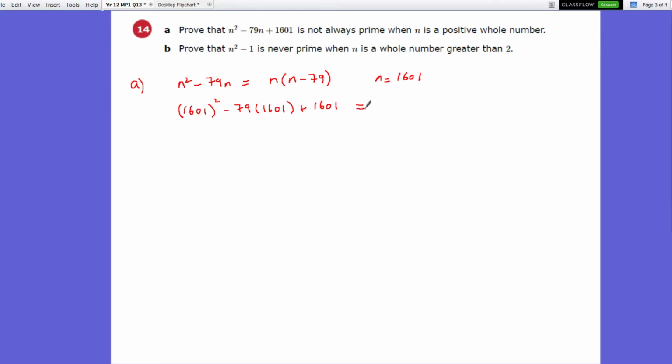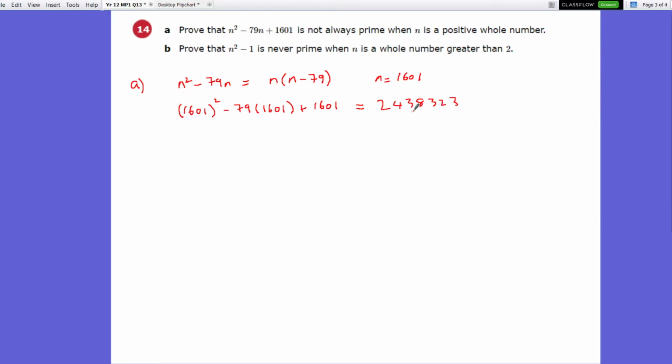So when I put this into my calculator and work it out, you all should do this. We will get 1601 squared minus 79 bracket 1601 close bracket plus 1601. That will give me the number 2,438,323.